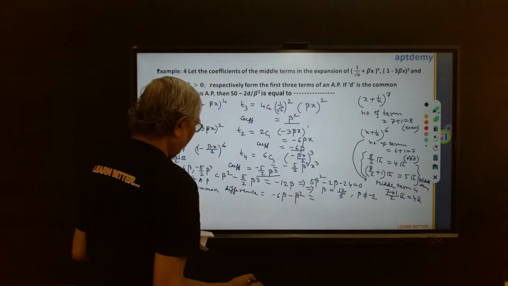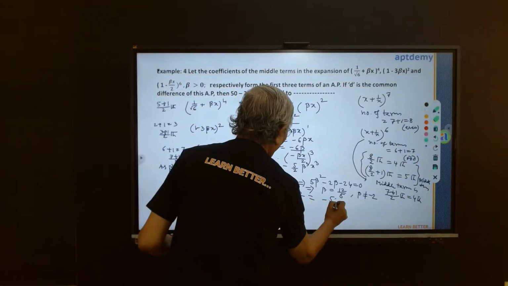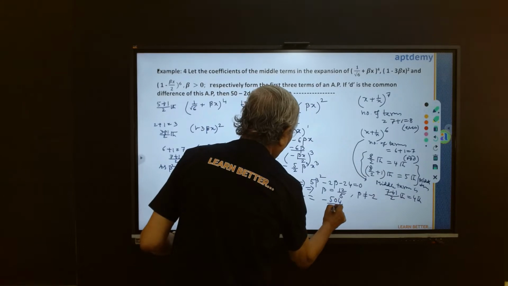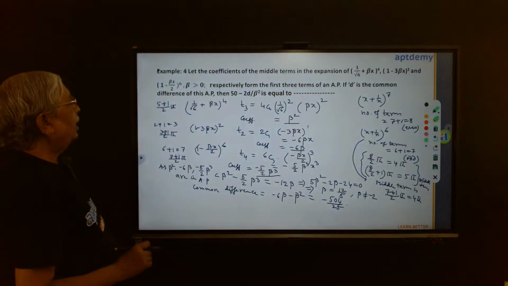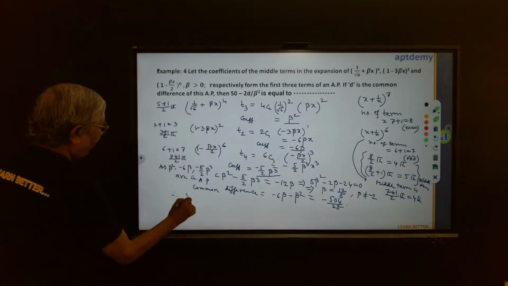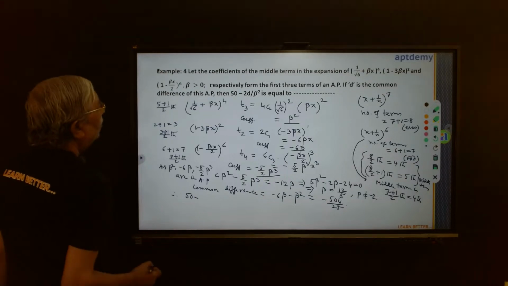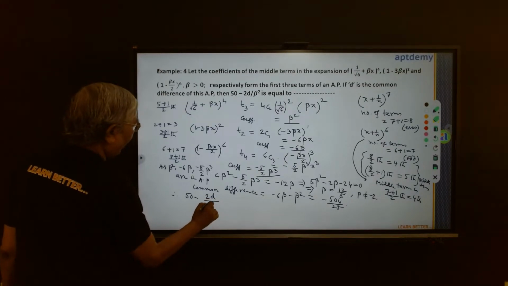After putting this value of beta, we will get minus 504 by 25. Next, we want 50 minus 2d by beta square.